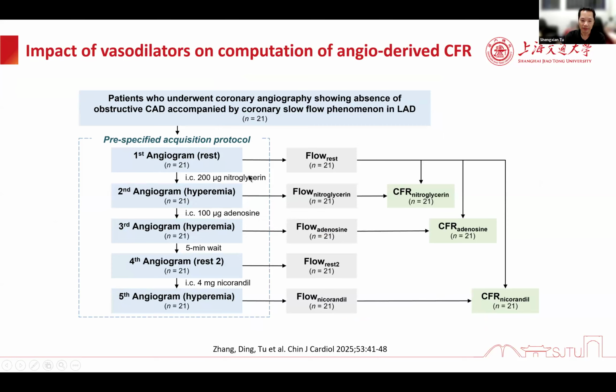During hyperemia, nitro will induce a little bit of hyperemic effect, and then we give adenosine and take the third angiogram, and then we wait 5 minutes, really waiting for all the vasodilator effect to disappear, and then we take the second resting angiogram.